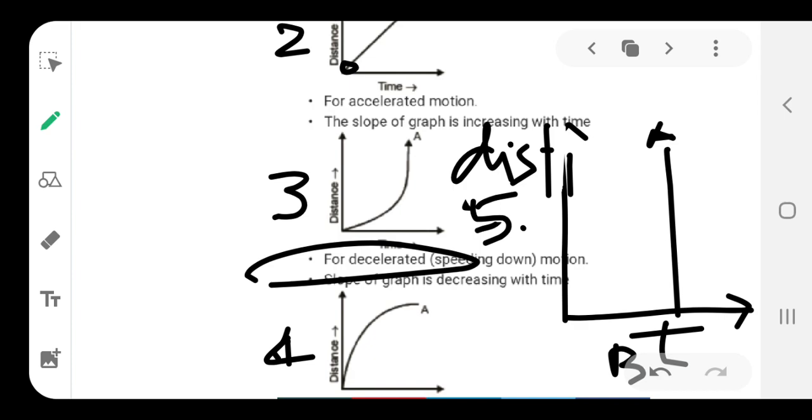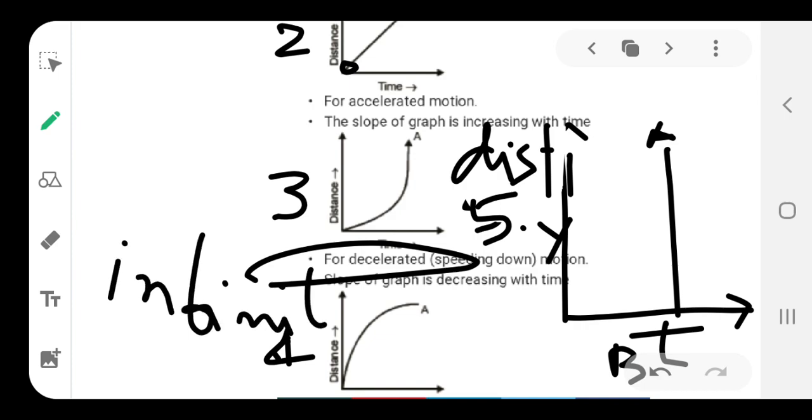So, you can see this graph is again a straight line which is parallel to the y axis, or distance axis. So, it represents infinite speed, which is just not possible.